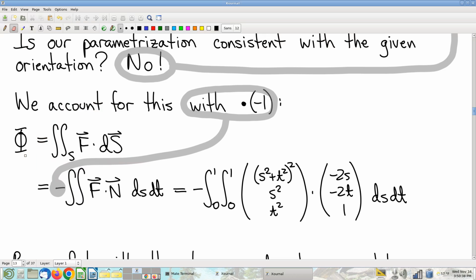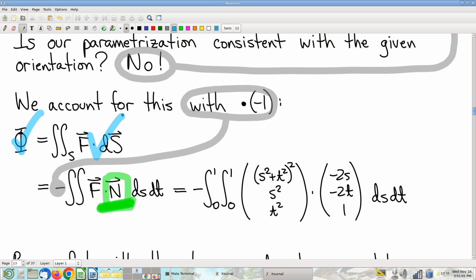Where things might get off, and in this case did get off, is where we rewrite in terms of capital N. This is where your parameterization shows up. All of the initial parts of this were given, all in terms of the defined orientation.